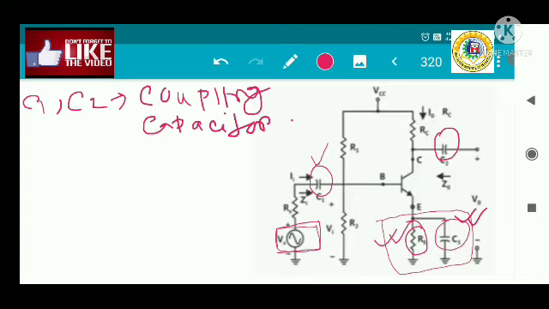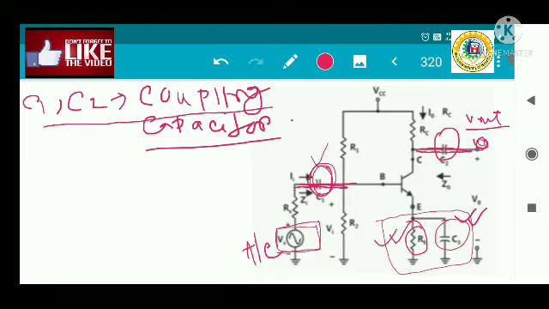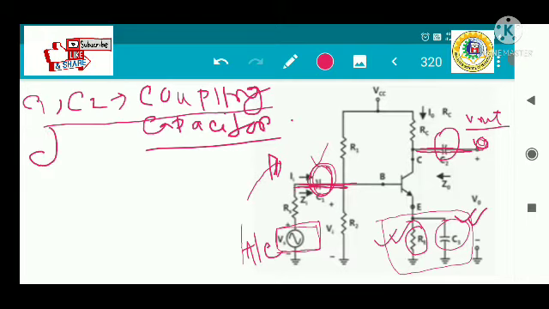If you want this voltage to be connected to the rest of the circuit, then this is the capacitor. If we provide an AC signal here, this capacitor will short circuit this path and the signal will be connected to the system. Likewise, if you want to get the output signal out of this amplifier, then this capacitor will short circuit the path and we will get the AC output signal out of the amplifier. That's why this capacitor is called the coupling capacitor. It couples the AC signals to the system input, and it will block the DC.